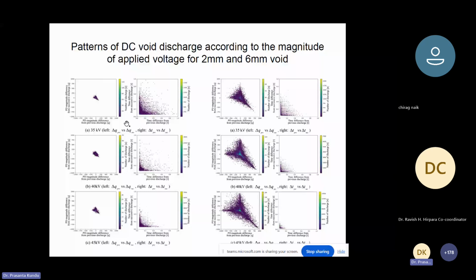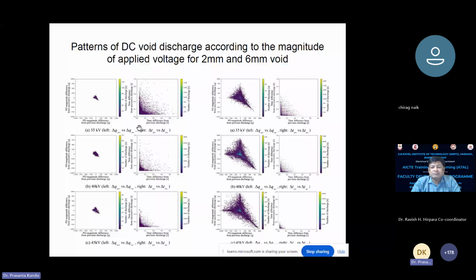And this is the time difference, delta T pre and delta T successive. Similarly, you can have plots for the other cases also. This is going to give you different patterns. Hence, by adopting a pattern recognition technique, we can classify the partial discharges occurring in the HVDC cable, and we can also assess the severity of the partial discharges.